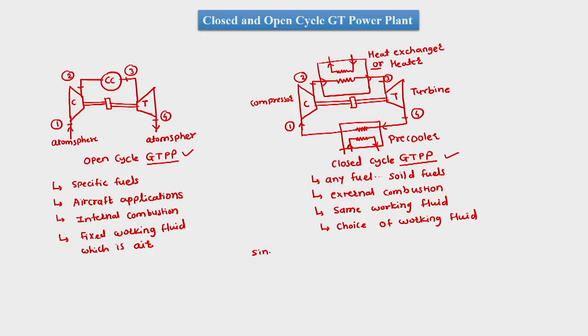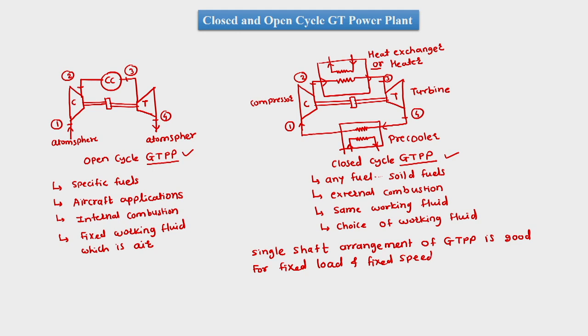So a single shaft arrangement of a gas turbine power plant is good for fixed load and fixed speed applications like power generation, base load power generation.